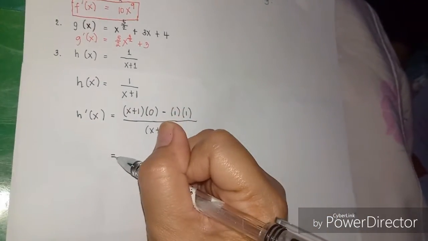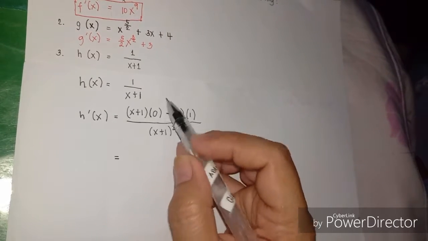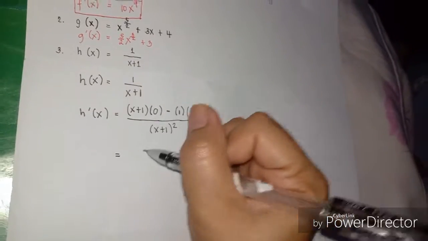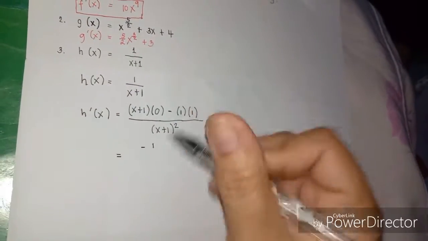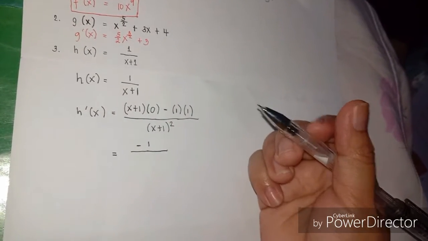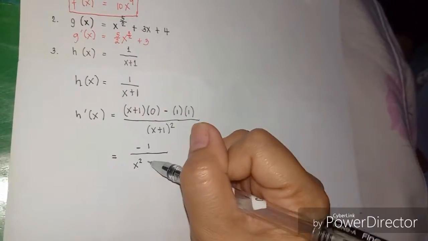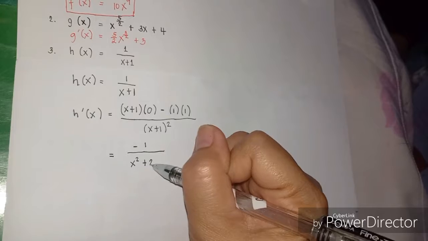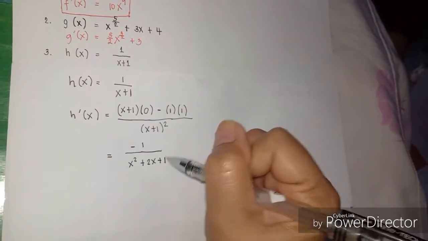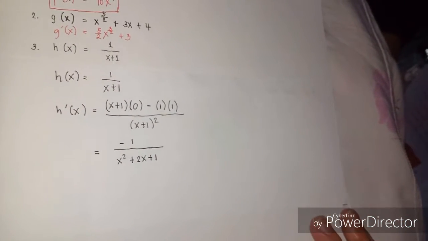To simplify, x plus 1 times 0 is simply 0. Minus 1 times 1 is just 1. So we have here negative 1 over, if we expand the quantity x plus 1 squared, that would be the square of the first term, twice the product of the first and second term, then the square of the last term. So we have here the denominator x squared plus 2x plus 1.